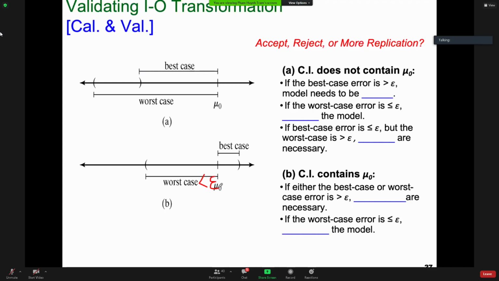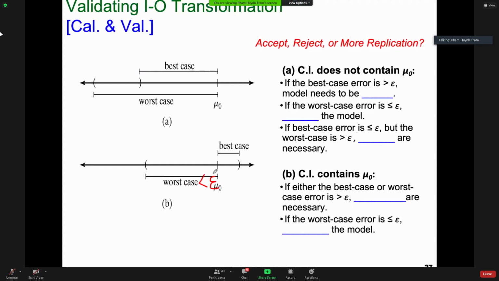Now you can answer this one. You need to think, if the worst case is smaller than epsilon, does it guarantee that other cases are also smaller than epsilon or not? If other cases that fall within the confidence interval are also smaller than epsilon, then we accept the model. That's right. Okay, now we look at here.